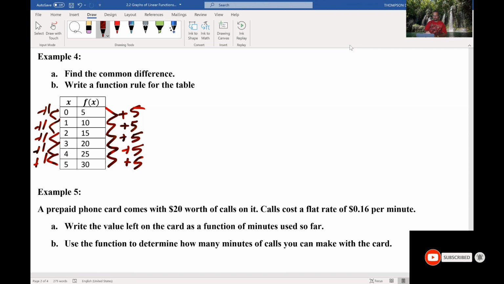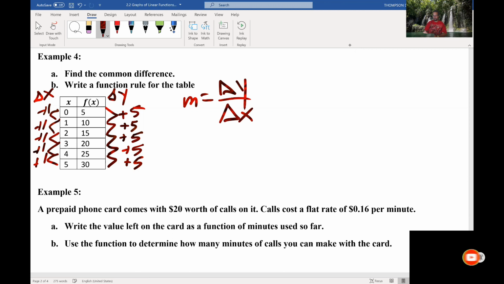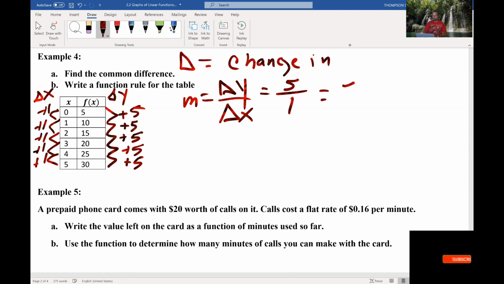So recall that this is my change in y and this is my change in x. So slope is defined as change in y over change in x. That's what that little triangle means. Triangle means change in. So my change in y is 5 and my change in x is 1. So slope is 5 divided by 1, which is 5.